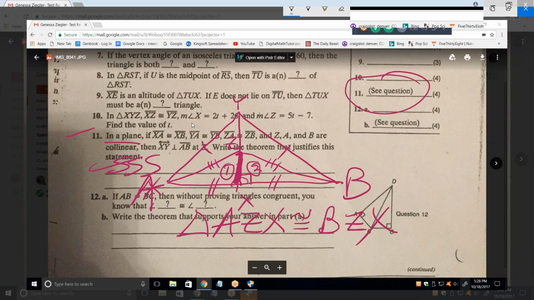and that makes angle AXY, the measurement of that angle has to equal the measurement of angle BXY. And if those two are equal, they must be both 90 degrees because they are a linear pair. So they have to be supplementary.